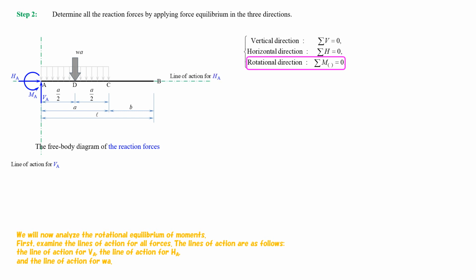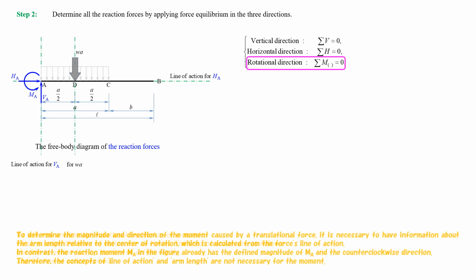And the line of action for W multiplied by A. To determine the magnitude and direction of the moment caused by a translational force, it is necessary to have information about the arm length relative to the center of rotation, which is calculated from the force's line of action. In contrast, the reaction moment MA in the figure already has the defined magnitude of MA and the counterclockwise direction. Therefore, the concepts of line of action and arm length are not necessary for the moment.